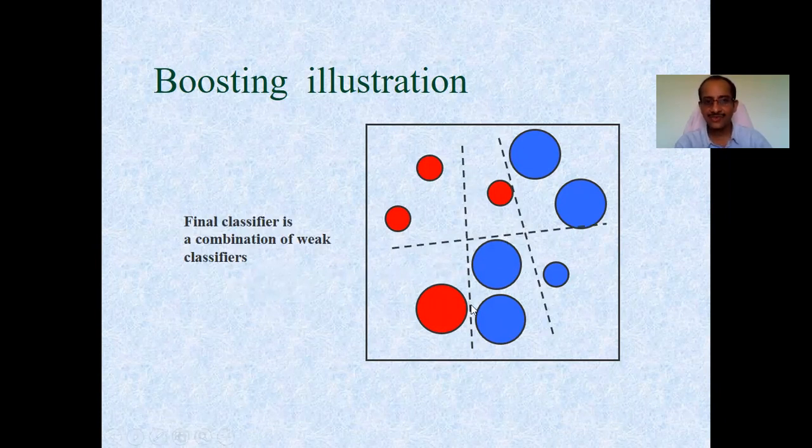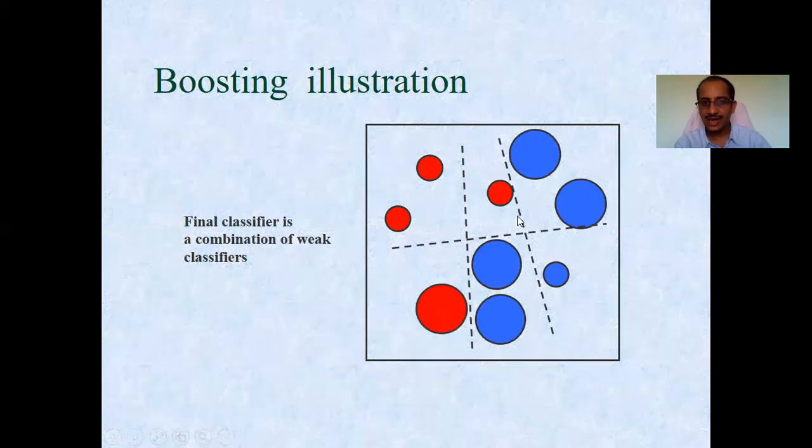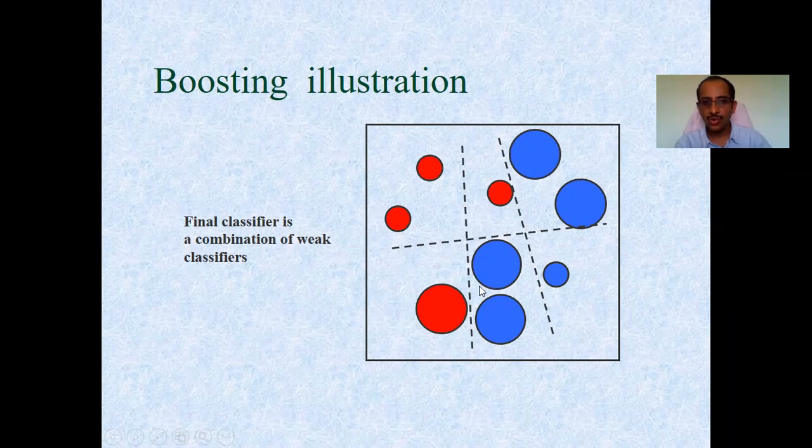That means this is one initial weak classifier, saying that these are all non-faces and these are all faces. This is another weak classifier saying that these are all faces and these are all non-faces. This is a third weak classifier saying that these are all non-faces and this is the face. Now if we make an algebraic combination of these, we may get all the faces. So that's the idea. Each weak classifier will take only a suboptimal decision, not a correct decision.